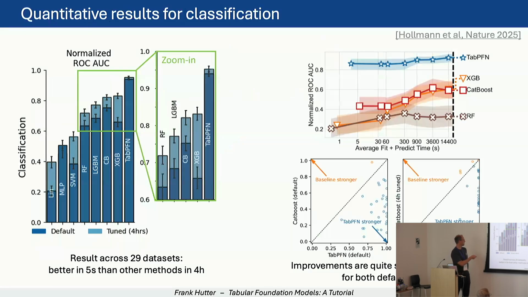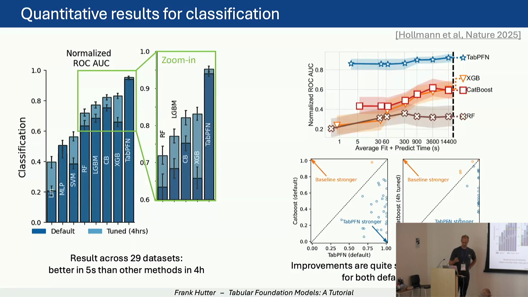So we have linear regression, MLPs, SVMs, random forest, and then 3 different gradient boosting methods, LightGBM, CatBoost, and XGBoost, all in the default or tuned for 4 hours with random search, as is a community standard, sadly. But that was the one that was the least attackable. But had we optimized this with Bayesian optimization, it wouldn't look much different. And so even if you tune it for 4 hours, it doesn't get anywhere close to where TabPFN is after 5 seconds. And that was very surprising to us, and quite cool.